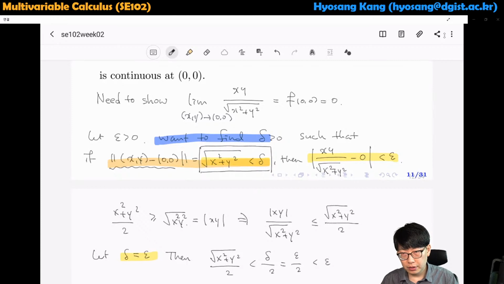So what you're saying is right. We are assuming that the distance between (x,y) and (0,0) is less than delta, as the assumption of the epsilon-delta definition of limit or continuity.